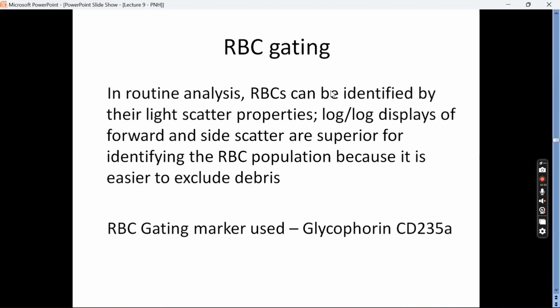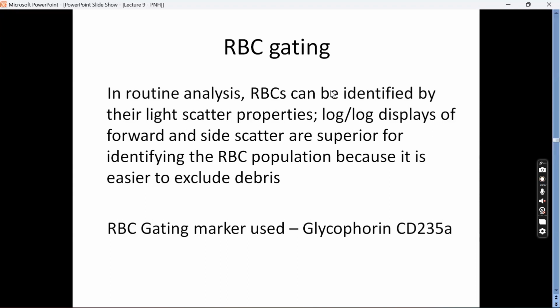Now, for example, someone tell me a gating marker for monocytes. You can give a blind guess. What is a common marker used for monocytes? CD64 or CD14. Okay, CD14 is very good. It's a gating marker, but you should not use it as a gating marker in PNH assay.